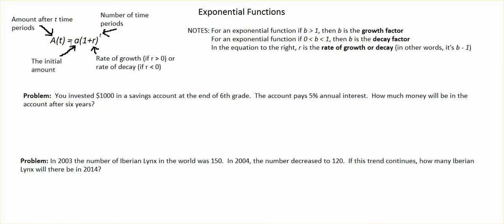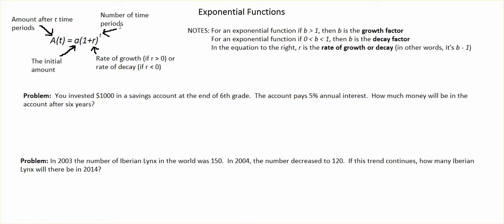The value of this model, A of t, represents the amount of money or the amount of population that we have after a certain number of years. The initial population or the initial amount of money is this little A variable. Again, this R is our rate of growth or rate of decay. 1 plus R is our growth factor or decay factor.